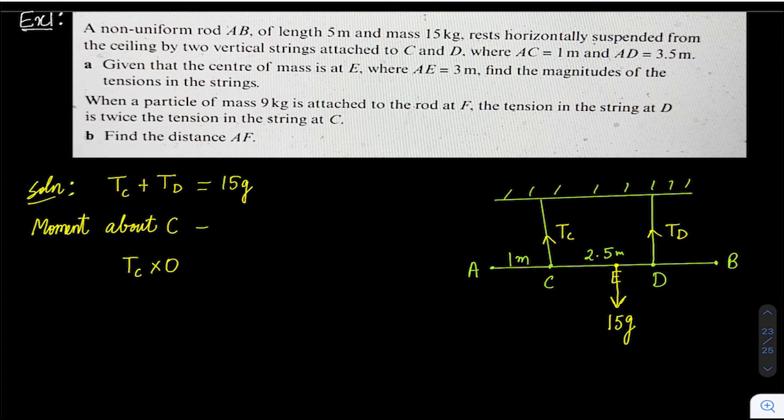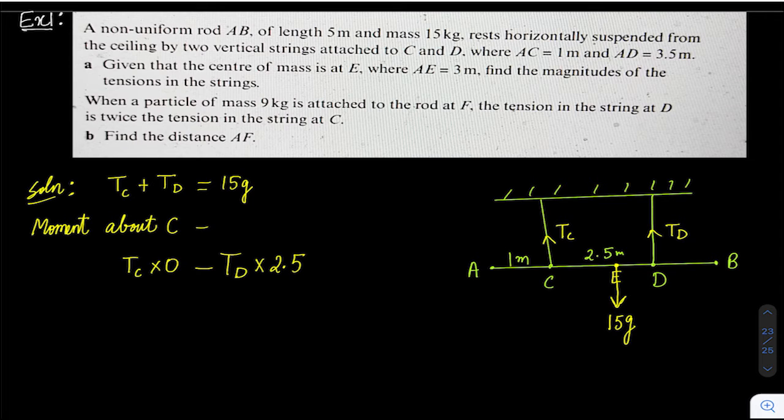This is the force, this is my point C, so it will go like this, and this direction is anti-clockwise, and we have discussed that we take anti-clockwise as negative. So minus TD times 2.5. We will take clockwise as positive. You can mention that while solving: taking clockwise as positive and anti-clockwise as negative.